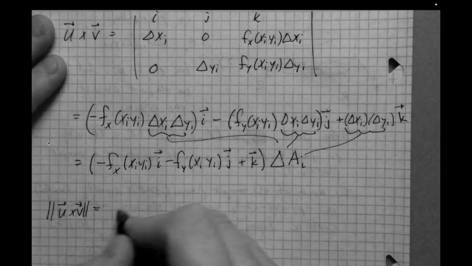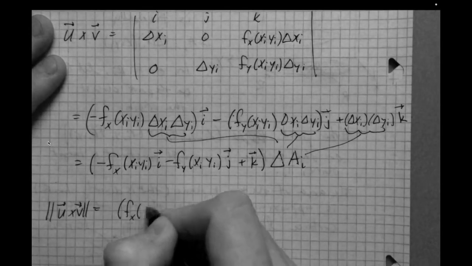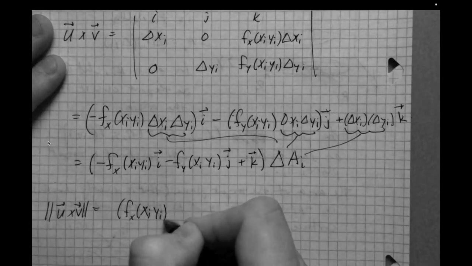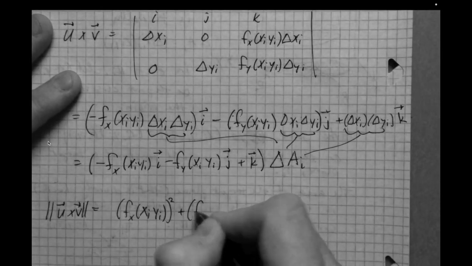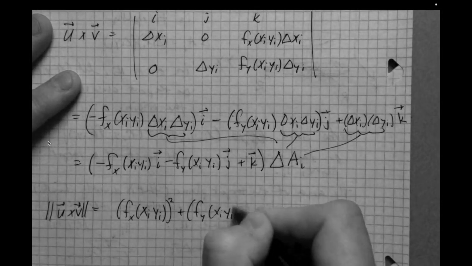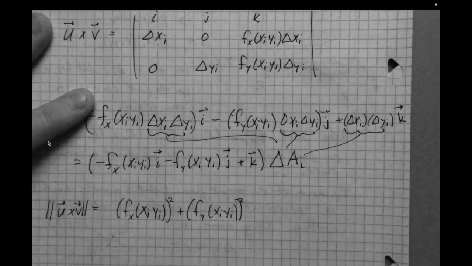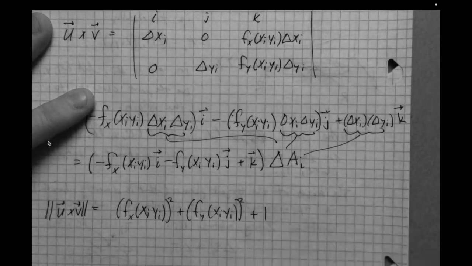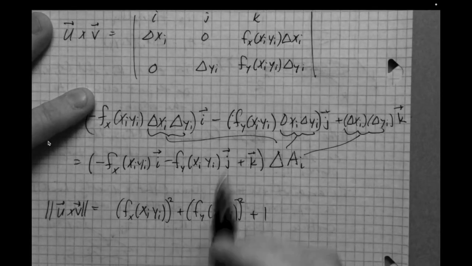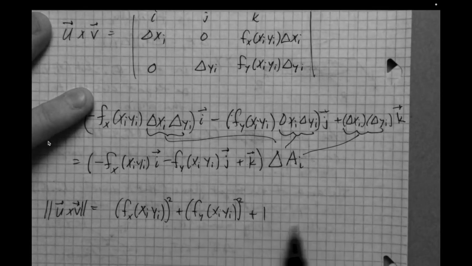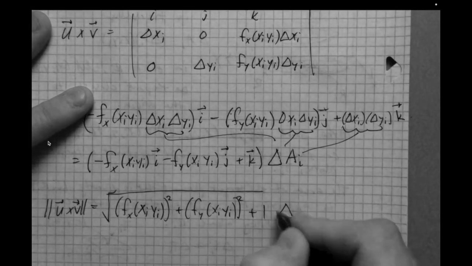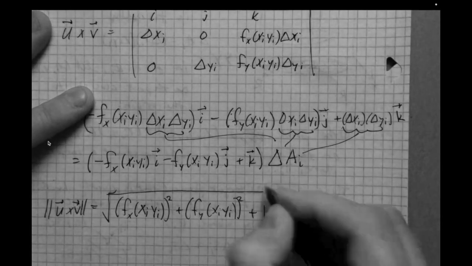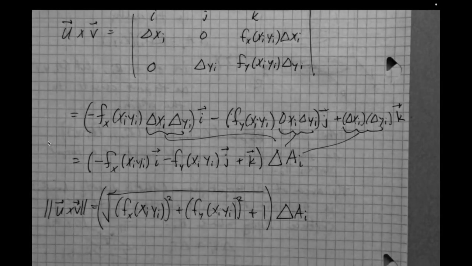That's going to be f sub x at (xi, yi) squared, plus f sub y at (xi, yi) squared, plus 1. And then delta Ai is just a constant, so it comes out, and the whole thing is a square root.